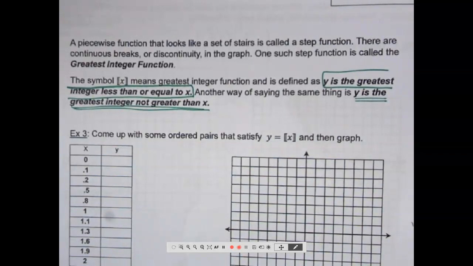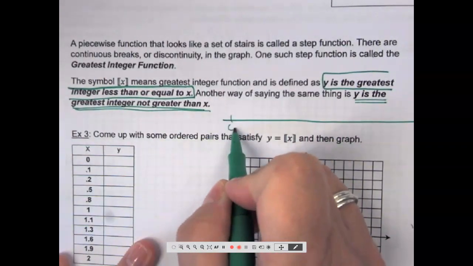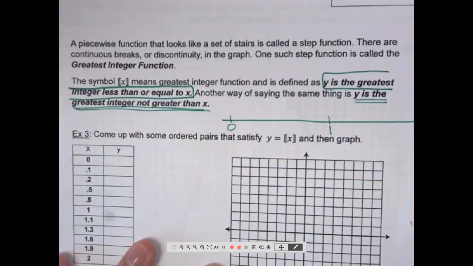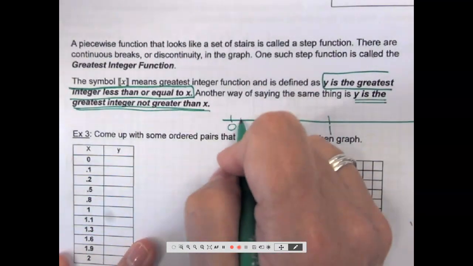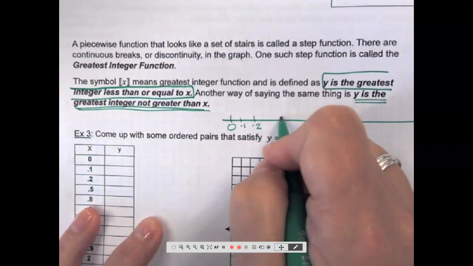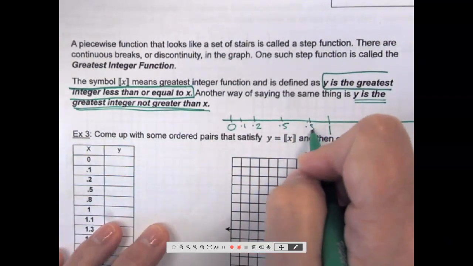Okay, so let's talk about this. I'm going to draw a number line. I'm going to put 0 here. I'm going to put 1 here. And I'm going to put 0.1, 0.2, 0.5, and 0.8.